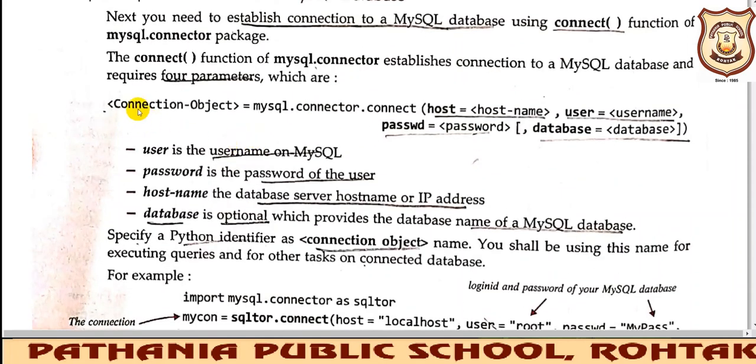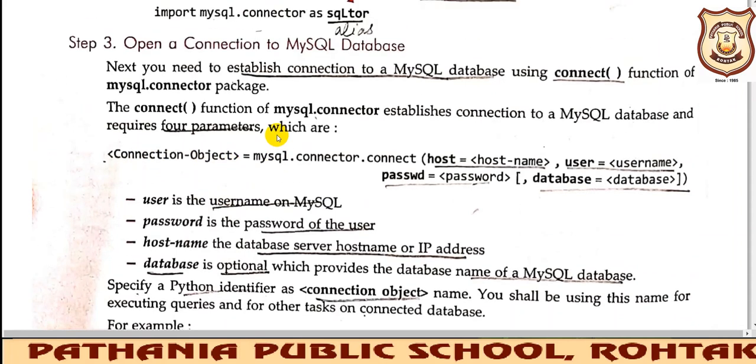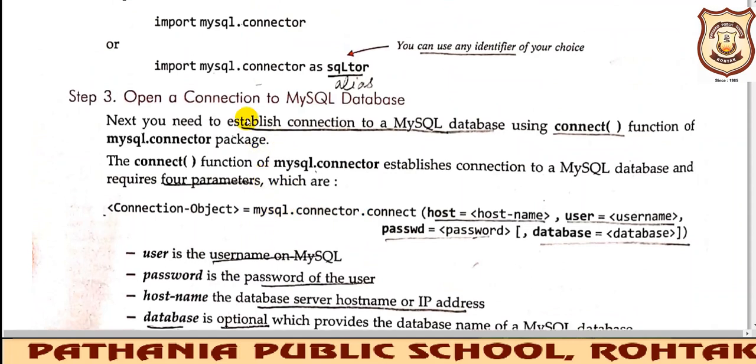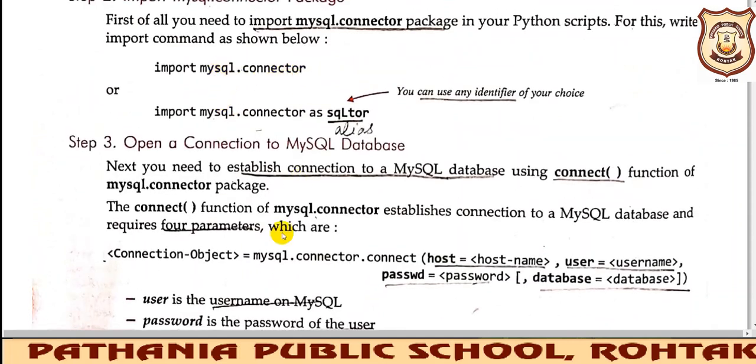Firstly, understand this connection object. We need a connection object that will create a connection between Python and the MySQL database. You see what he has done: he has written mysql.connector as it is, and through this library he is trying to create a connection using the connect function. It's your choice.